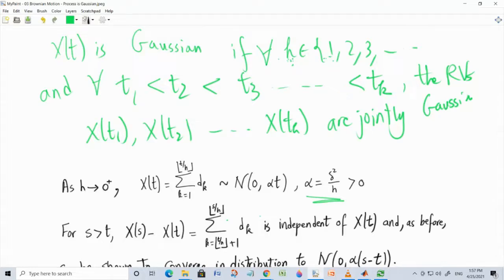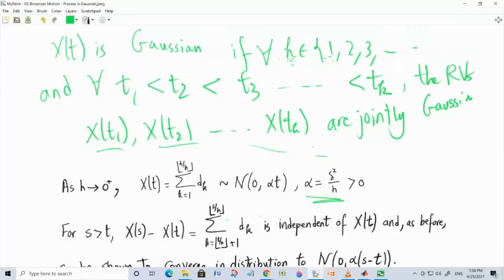For every natural number k, if you choose time instants t1 up to tk, those should be jointly Gaussian. So if you see that something is Gaussian at every time instant, that is not yet enough to declare that the process is Gaussian.